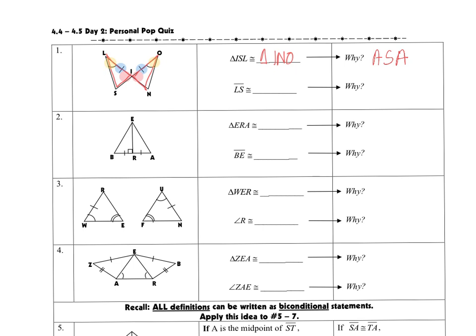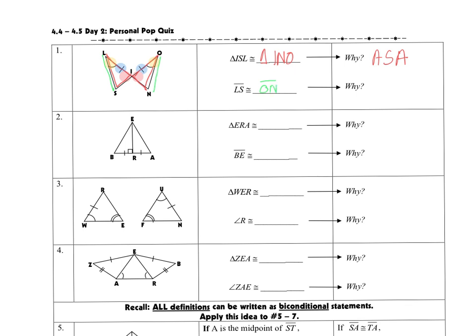And now we're going to look and see if we locate segment LS right here, and if we pick out its corresponding part, it would be right here. And so we would say that segment LS corresponds to and is congruent to segment ON.